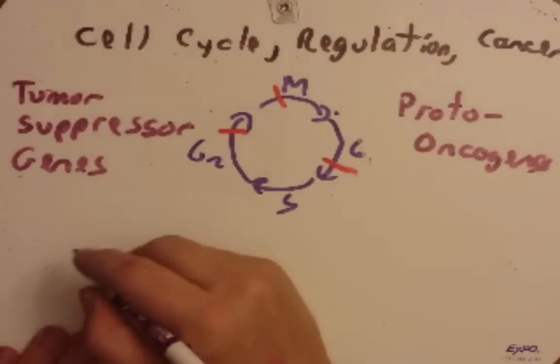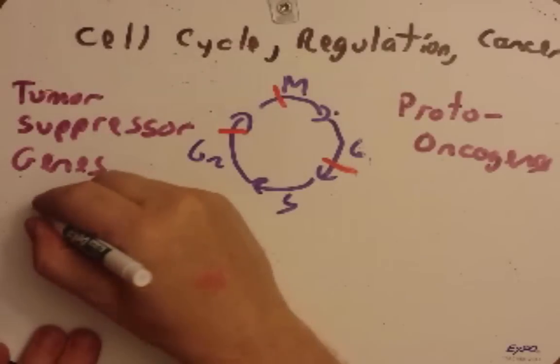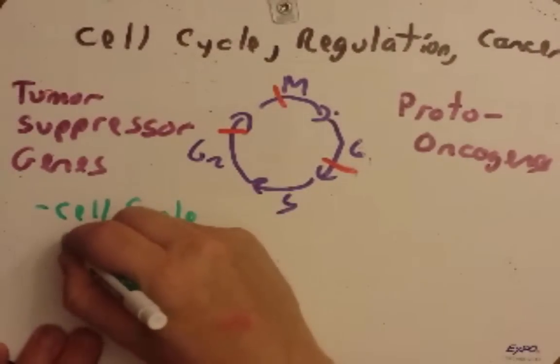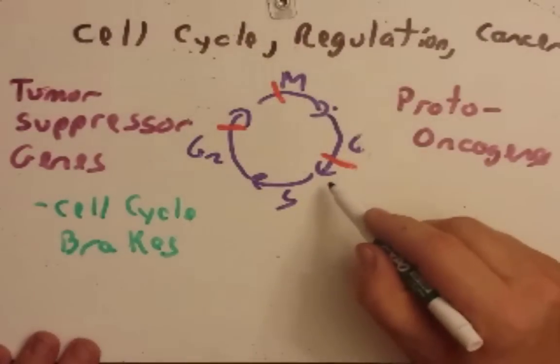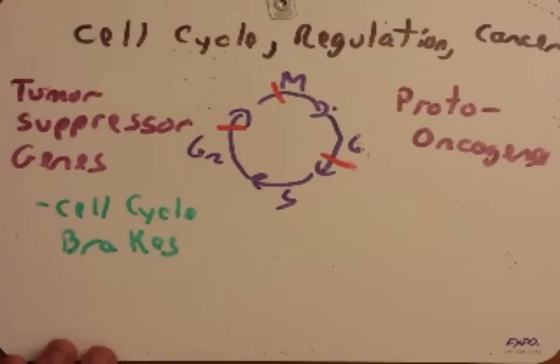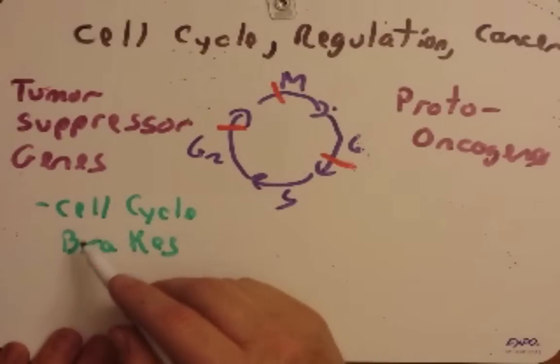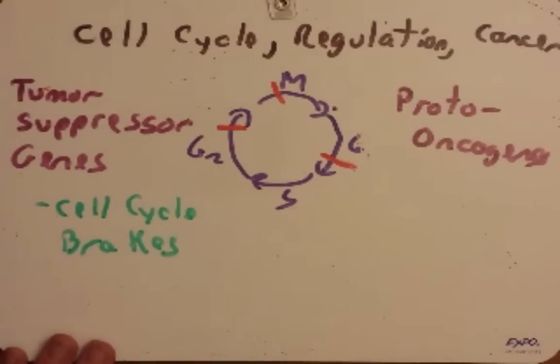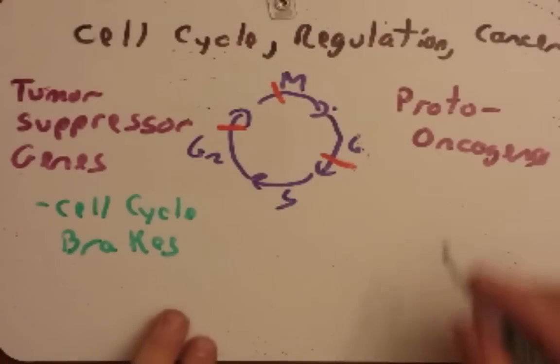The tumor suppressor genes, these serve as the cell cycle brakes. They are the ones that stop the cell cycle at these appropriate times, and so we want them around. These are good things. It's just that when they are mutated, we remove the stop signs, and that's when a tumor suppressor gene can now lead to cancer.